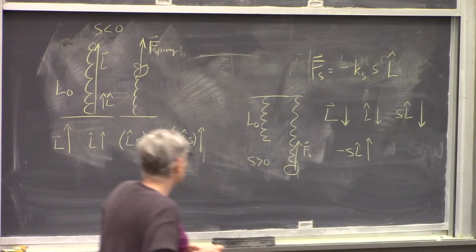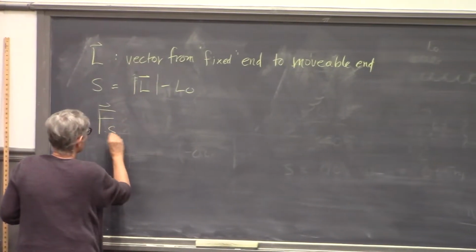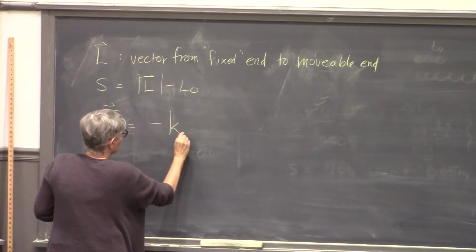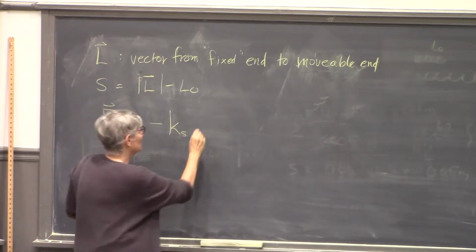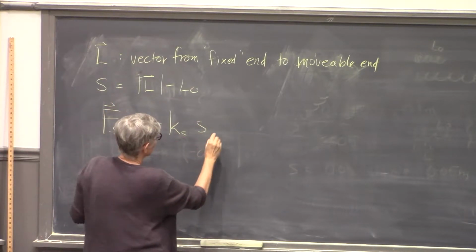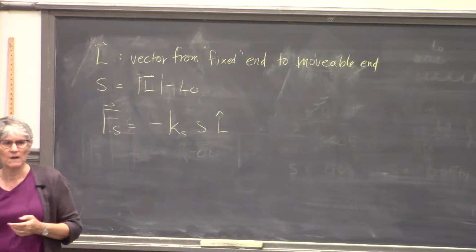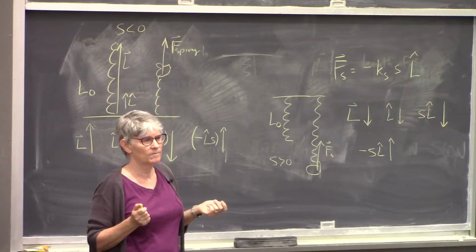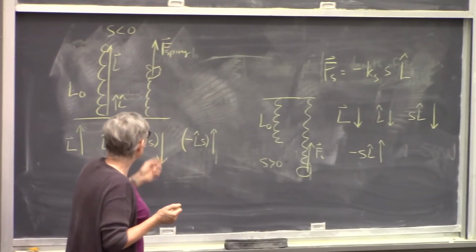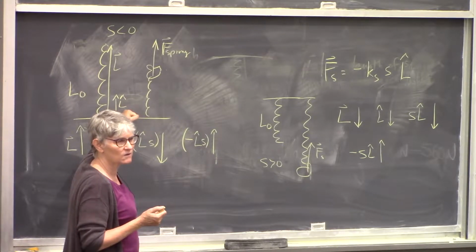So here's our full equation for the force by a spring. Negative sign, this spring stiffness, which is a positive number, the stretch, which is calculated this way, and the unit vector L hat. Now, in many situations, L hat you can get by inspection, right? So what is the vector L hat numerically in this case? 0, 1, 0.